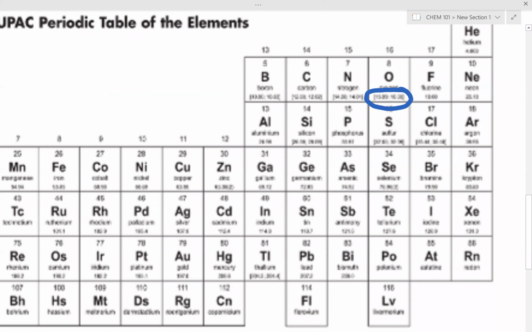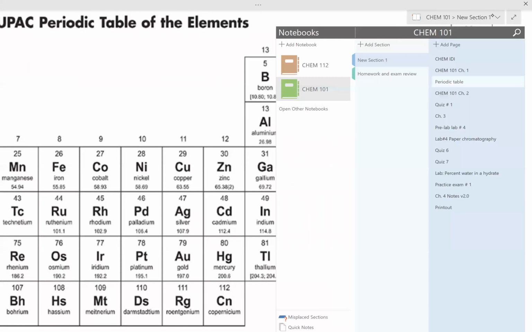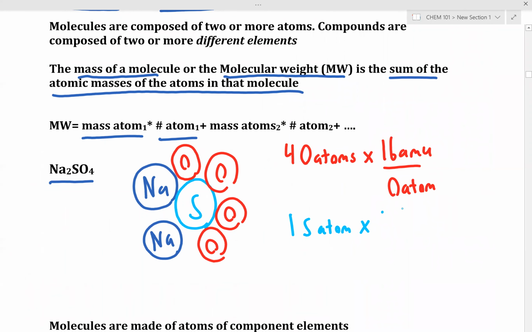Would someone like to volunteer? What atomic mass do we see in the periodic table? Yep, about 32.06. So let's go back and write that down. So we have about 32 AMU per sulfur atom.